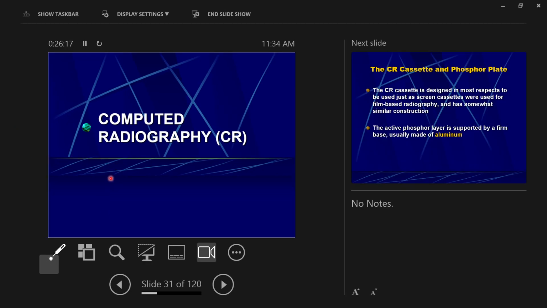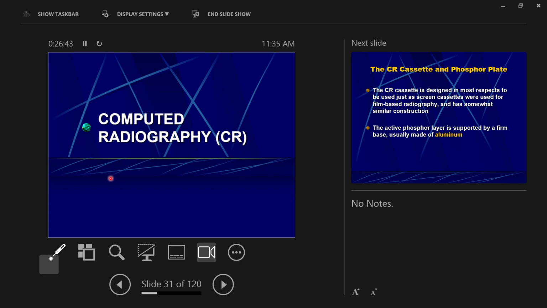So as I showed earlier, with film, there's a literal piece of film inside the cassette jacket. That piece of film is a new one for every image, okay? CR, as we showed earlier, uses a plate like that. That plate is exposed. That plate is not connected directly to anything, right? No batteries, no wires, no direct connection to anything.